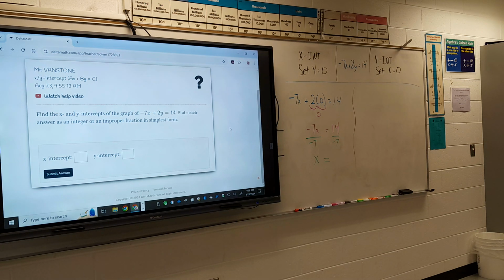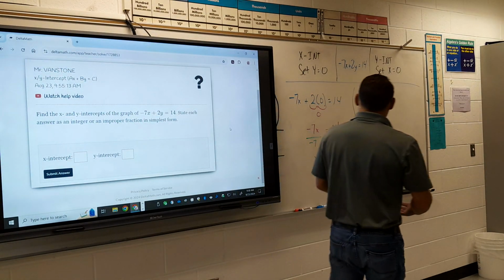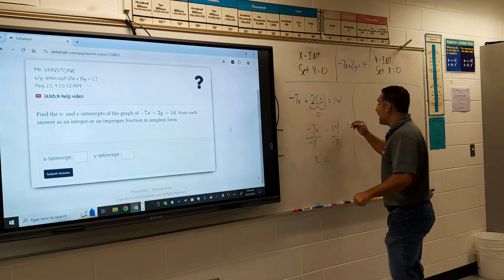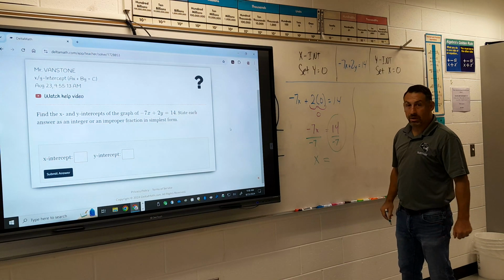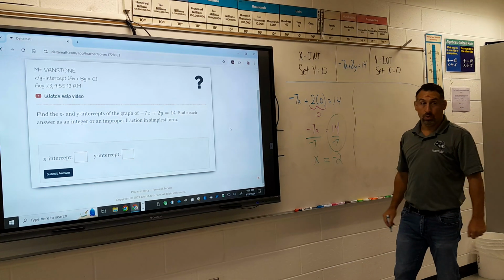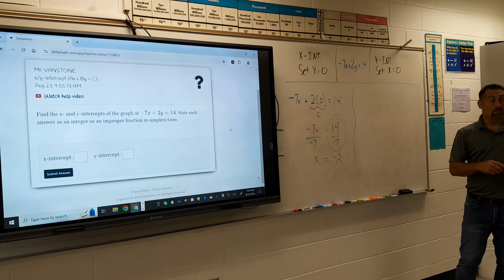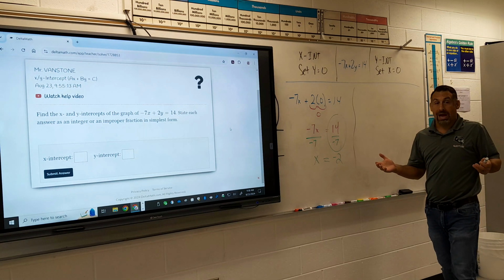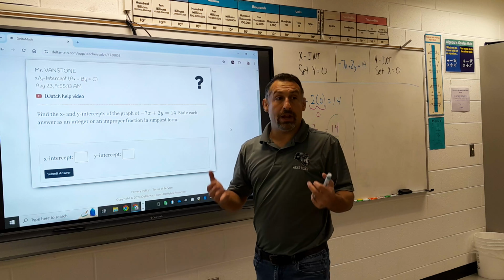If you use the N over D button, students get the answers more frequently correct. So that way you can type it in exactly like this on your calculator and it'll spit out the right answer, which should be -2. Okay, we're not all the best with fractions or equations, so use the N over D button.